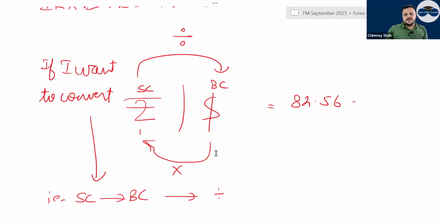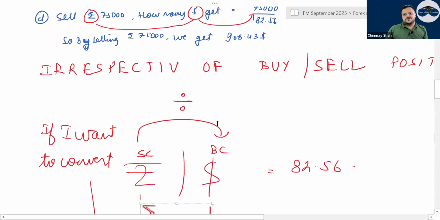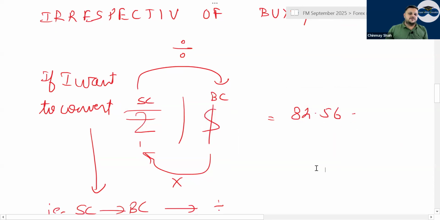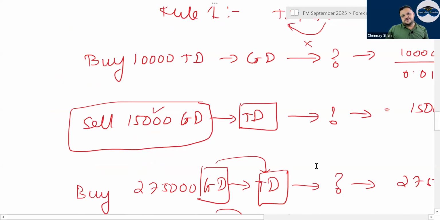So any $10,000 if I give you, you want to convert it into rupees, you have to multiply by this rate. If I say 10,000 rupees I want to convert to dollars, then you will have to do rupees 10,000 divided by this 82.5.